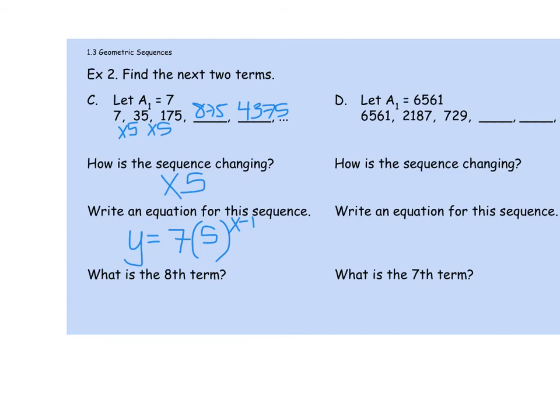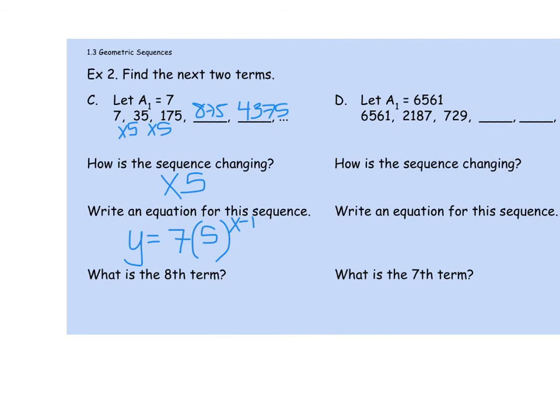That's one other way to write an equation for that sequence. The reason why we do this minus 1 right here up top is because we're starting with a sub 1. We're starting with the first term instead of before we always went back. Well, we're not going back, so we have to have that x minus 1 up top.